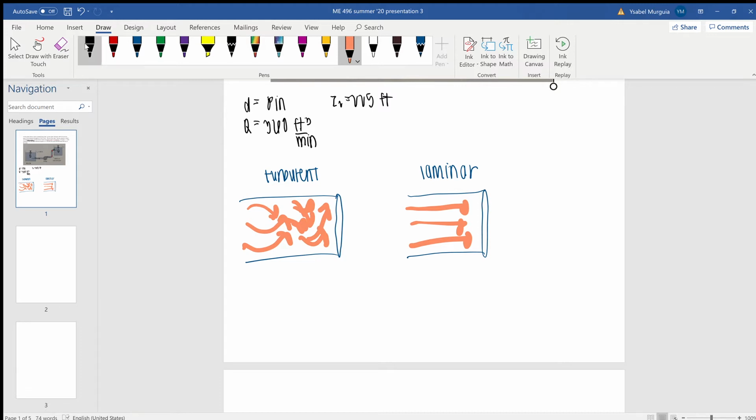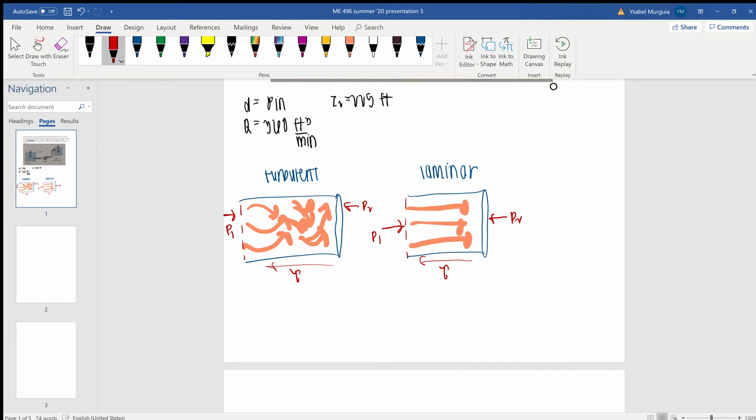But what exists in both of these types of flows in a pipe are these pressures due to viscosity from the fluid, and then we also have this shearing force, tau. As the liquid passes through the surface, there is going to be some shearing stress from the liquid due to friction.